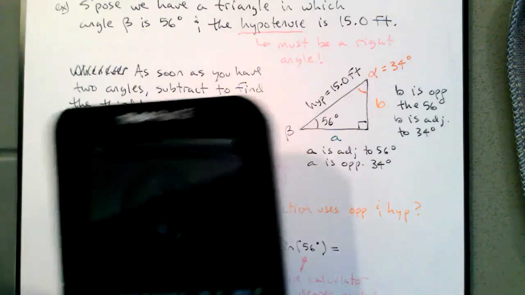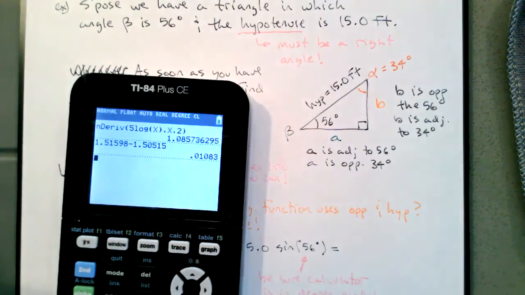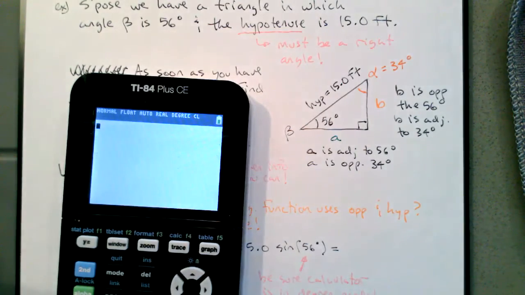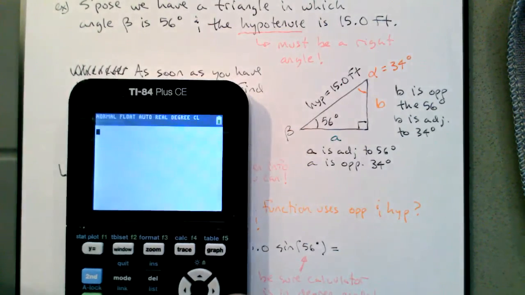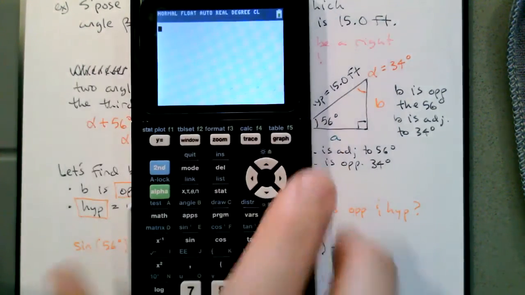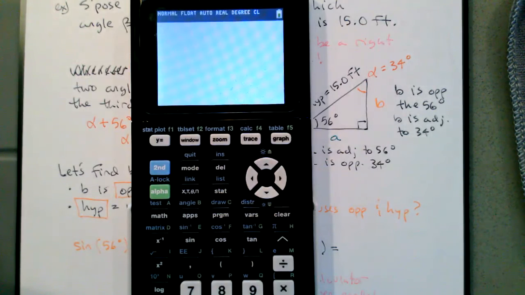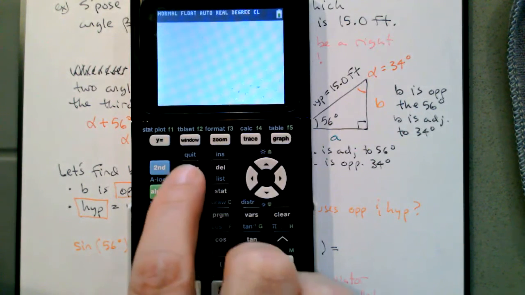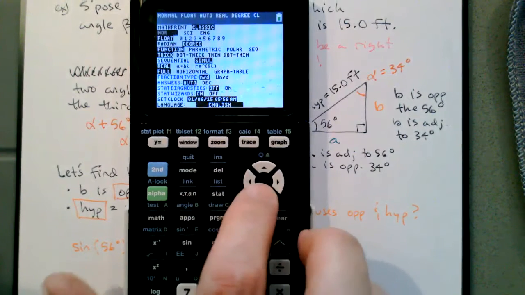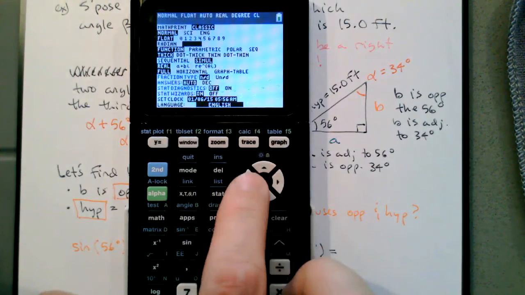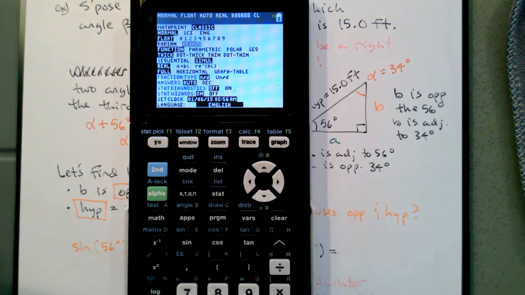So let's grab our calculator. Can't fit the whole thing. So the first thing we want to do is make sure that we're in degree mode. So we'll press the mode button and scroll down to where it says radian and degrees. Right now it will be in radian mode.